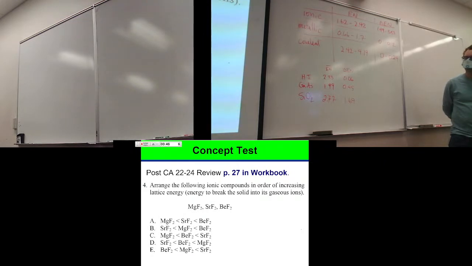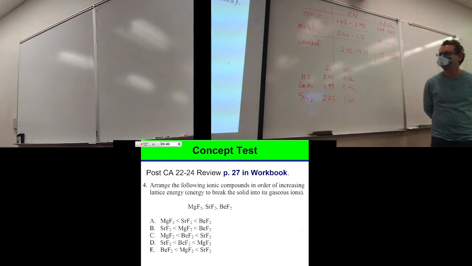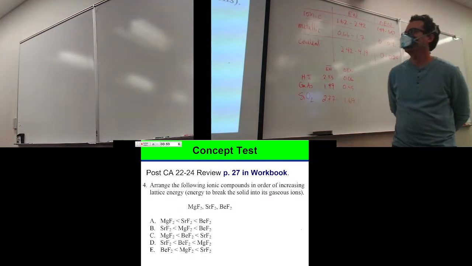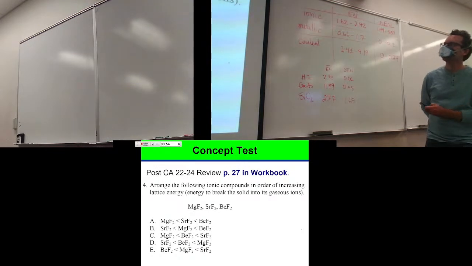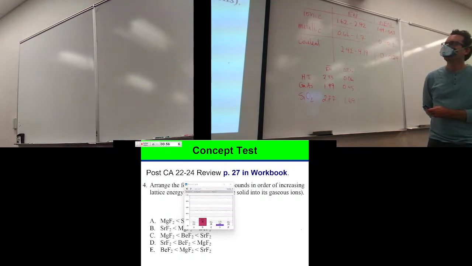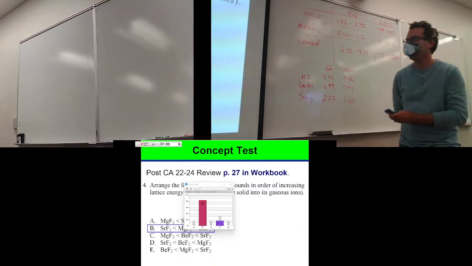So lattice energy is directly proportional to the strength of the ionic bond. So we've got most votes for B, and the answer is B.